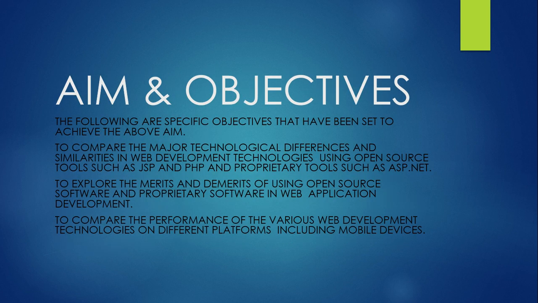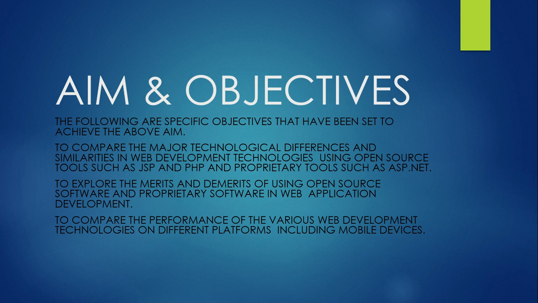So the aim and objectives of this journal are as follows. The first is to compare the major technological differences and similarities in web development technologies using open source tools such as JSP and PHP and proprietary tools such as ASP.NET.